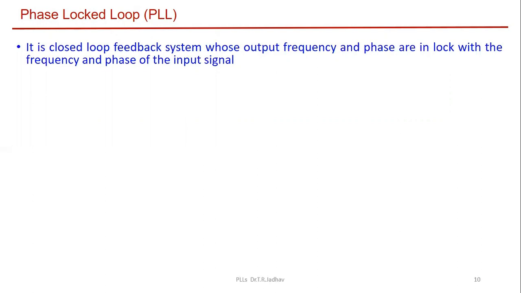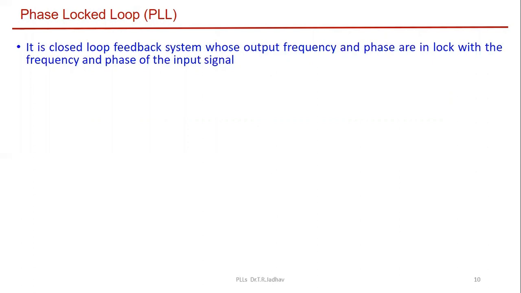Actually, when we have seen the concept of phase locking, you must have noticed that when phases are exactly locked, the frequencies are also the same. So inherently, when we say that there is a phase locking, definitely there is going to be a matching between frequencies.